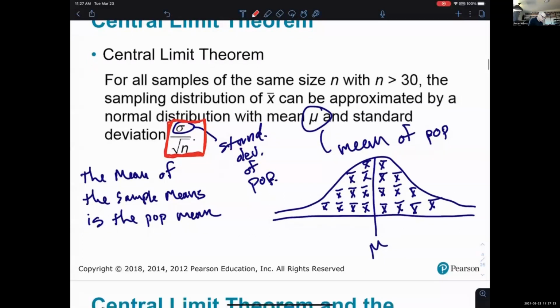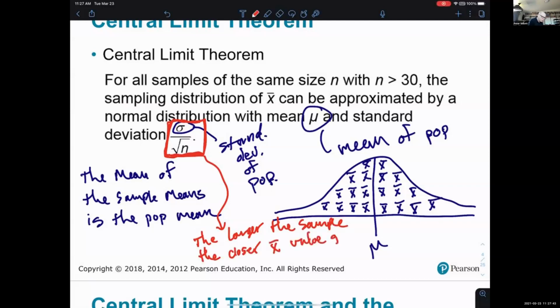And so the thing to take away from this right away, and then we'll illustrate this with examples, is that the larger the sample size, the closer X bar values get to the population's mean.